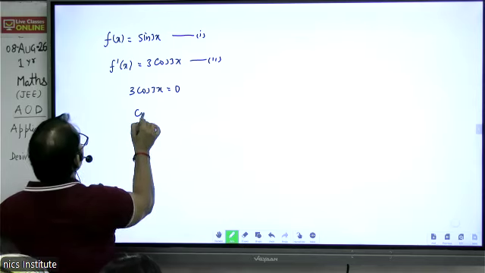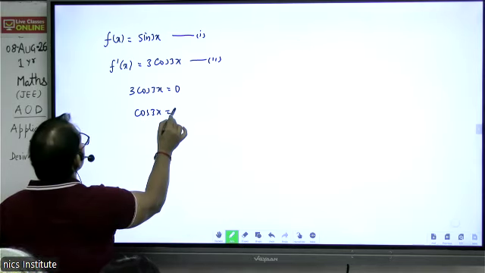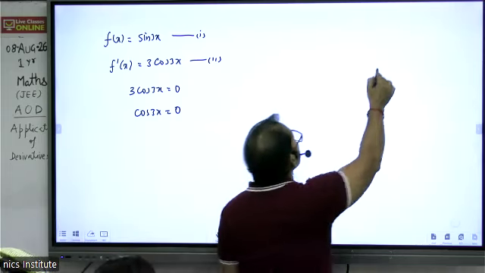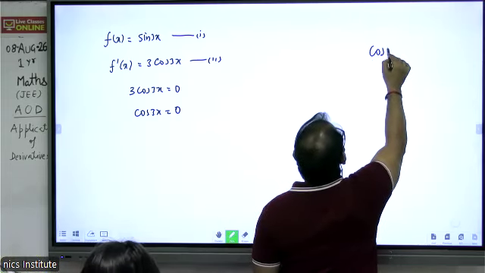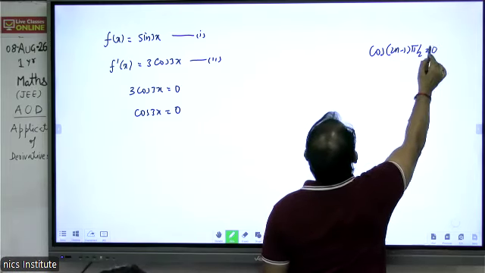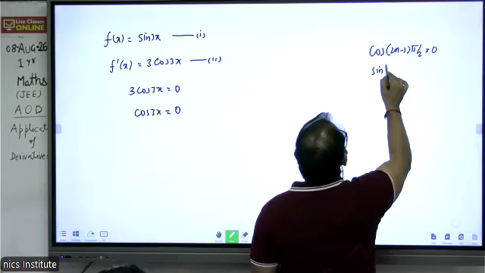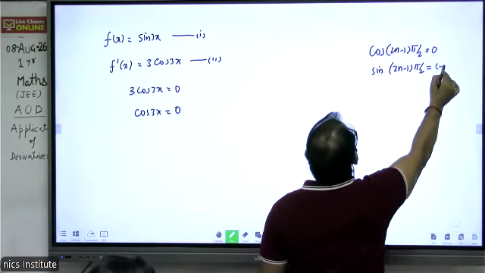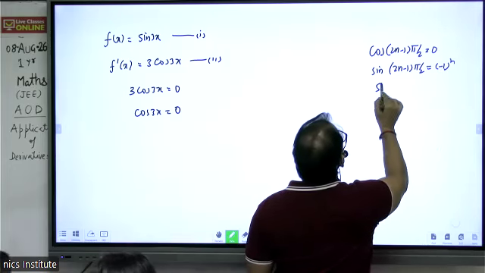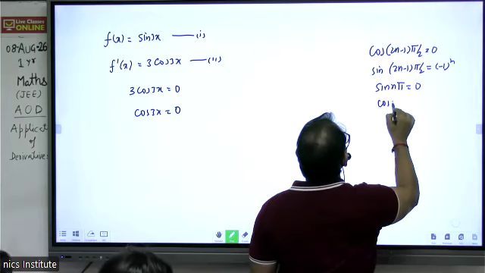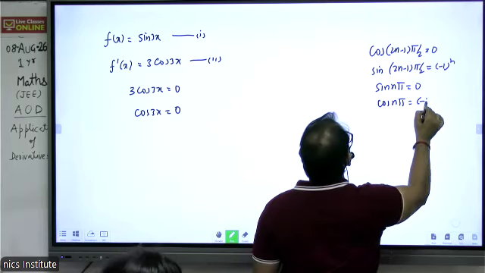You know that cos is 0 at odd multiples of pi by 2. Remember this. Cos (2n minus 1) pi by 2 is always 0. When cos is 0, sine has to be plus minus 1. Sine n pi is always 0. When sine is 0, cos will be always plus minus 1.